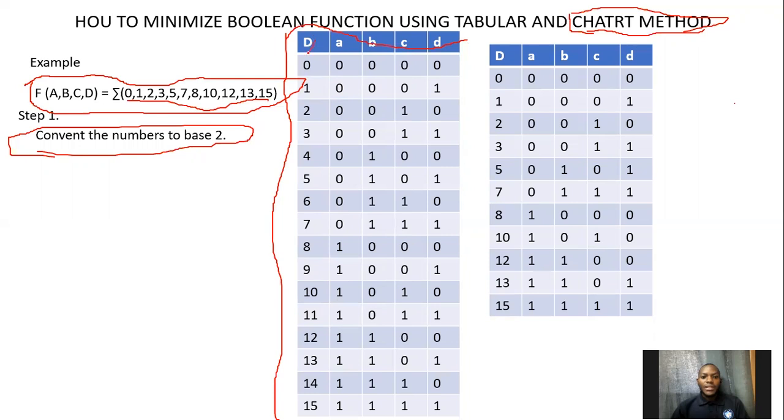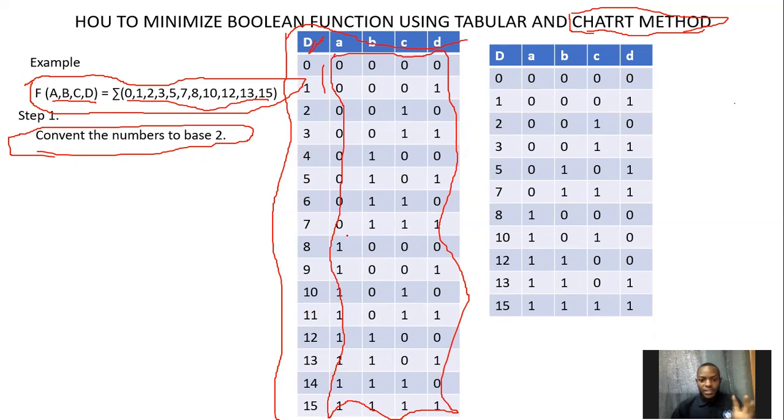We have the decimal, and then we have A, B, C, and D. In our decimals, we have 0, 1, 2, 3, up to 15, which when we convert into binary, we have these numbers, all the way up there.